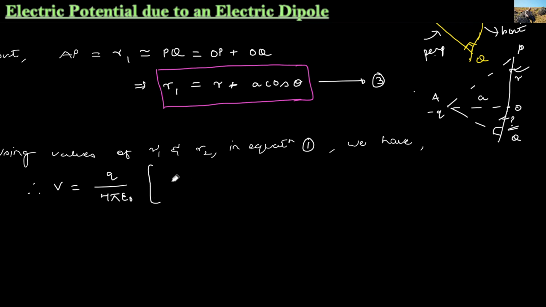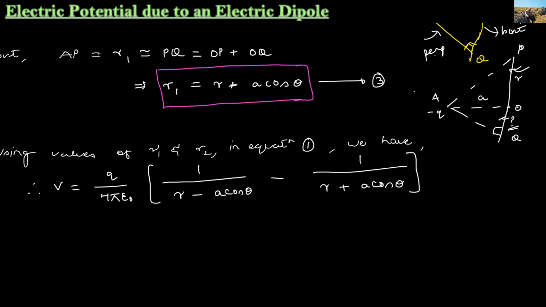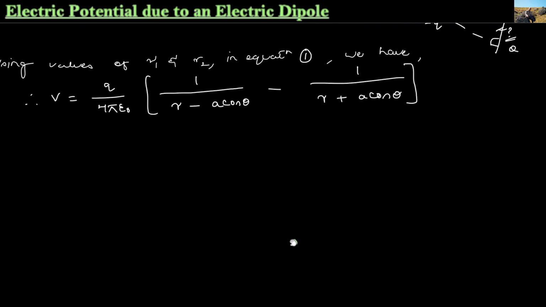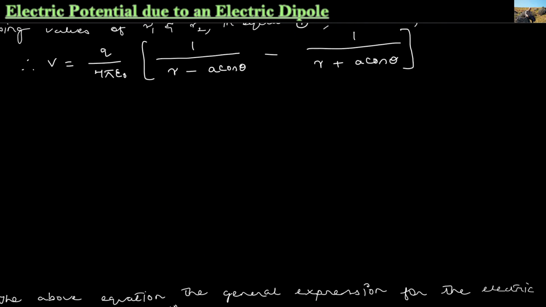We have first the value of 1 by R2, which is 1 divided by r minus a cos theta. Then we have 1 divided by R1, which is r plus a cos theta. So we will solve this expression.